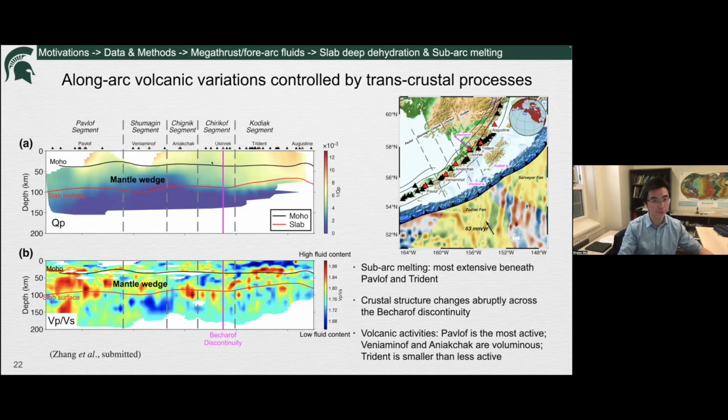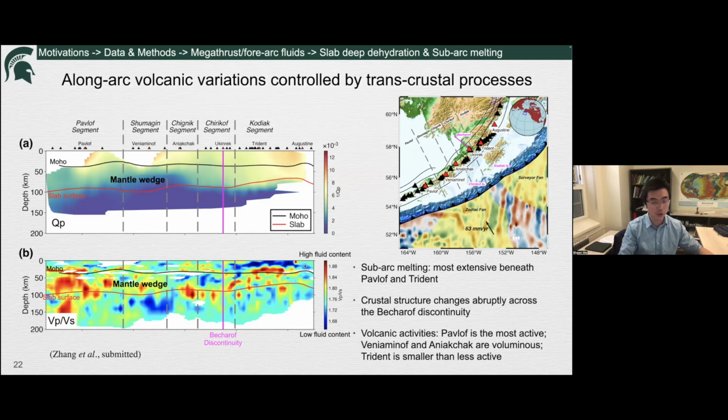Volcanic activity is divided by this discontinuity called the Bechevin discontinuity. I won't say all, but generally speaking, volcanoes are more active to the southwest and less active to the northeast.